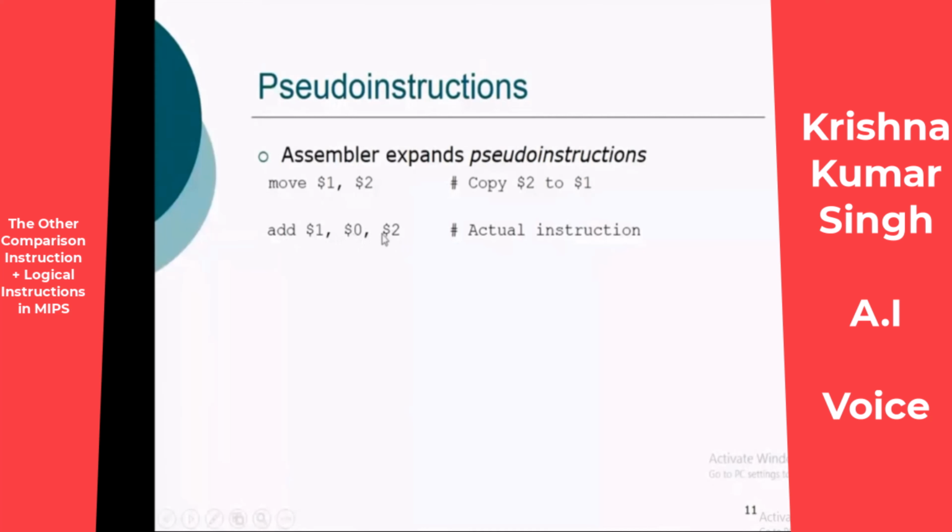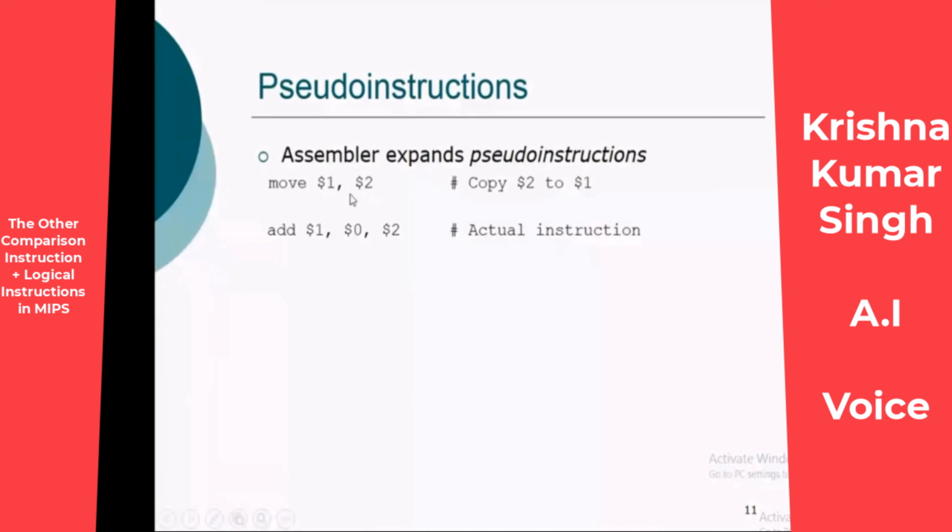For example, if I want to copy register 2 and put it in register 1, I have to write it this way: add register 1, register 2, register 0. Since register 0 is always 0, this will be 0 plus register 2. The result will be register 2's value, and the result will be saved in register 1. So this line is the way that I have to copy the content of register 2 into register 1.